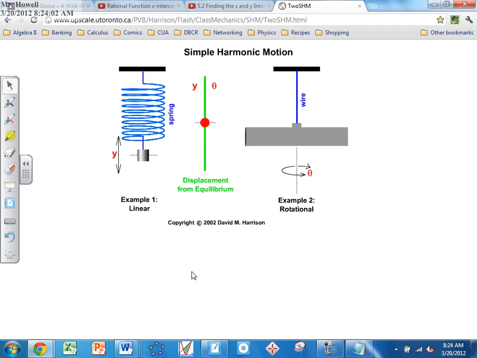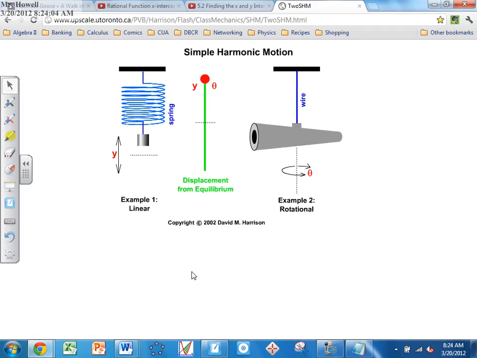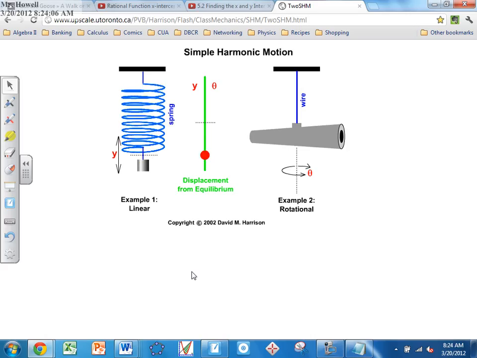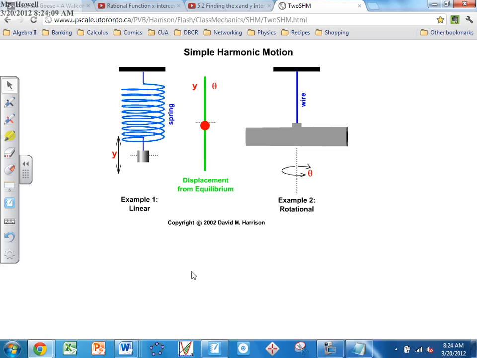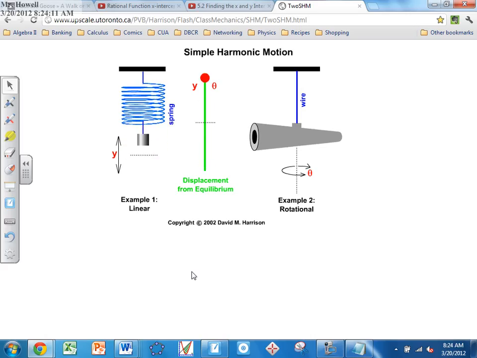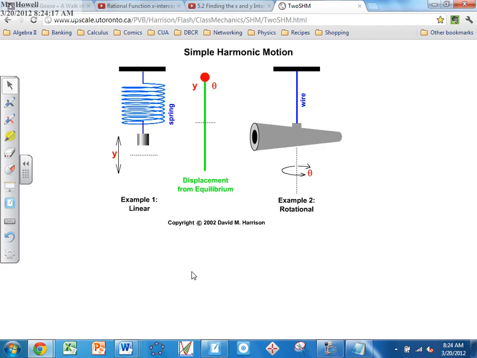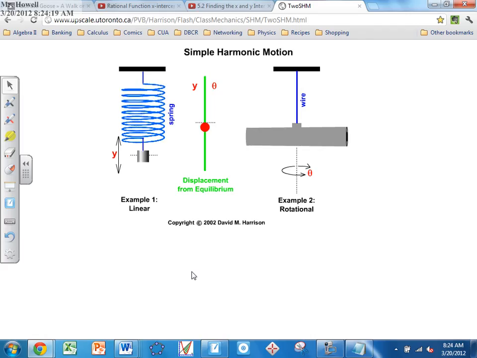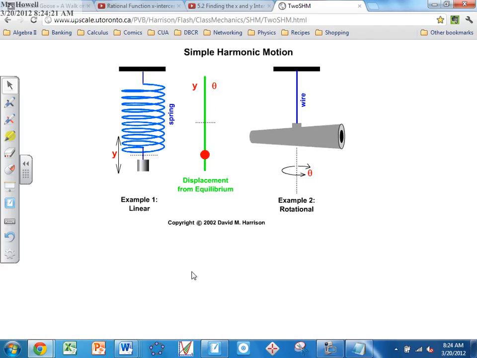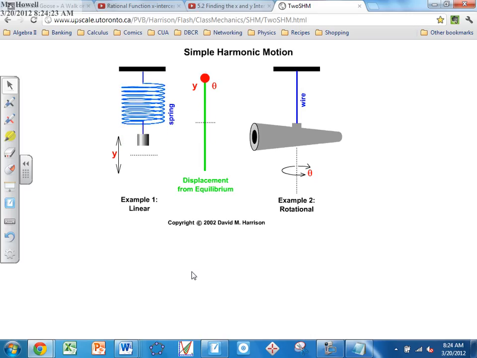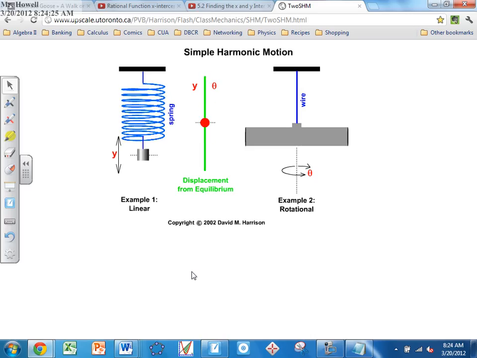When it gets to the very bottom of its path, it has to freeze, and then it goes back up. And then it gets to the top, and it freezes right there. Then it comes back down. So at these locations of time is when the velocity is 0, when its motion stops, and it's periodic.